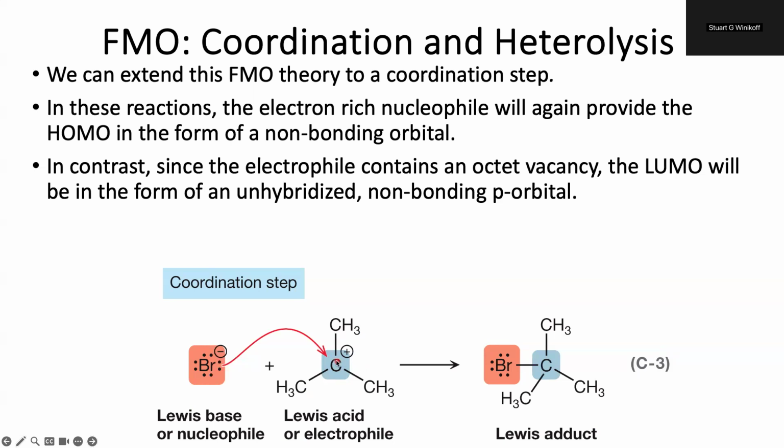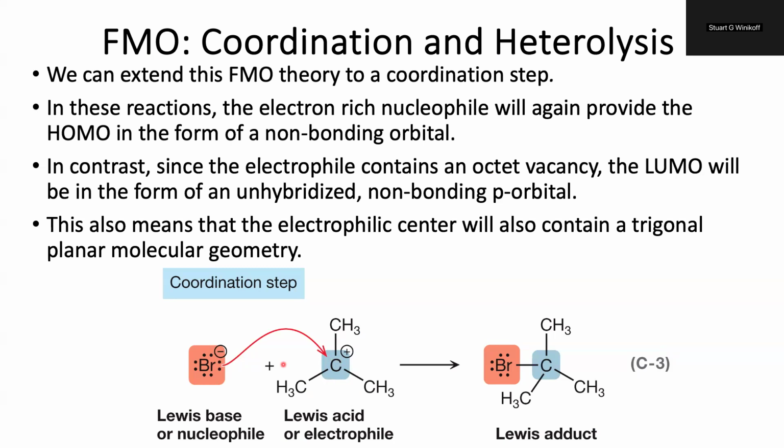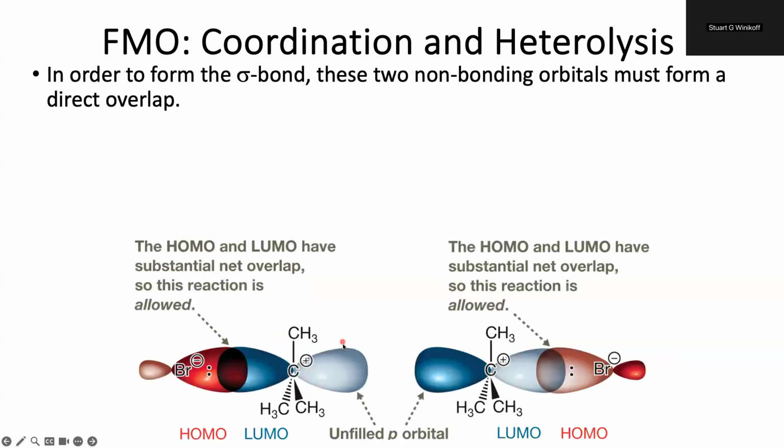Now, it's this unhybridized p orbital that's going to make that LUMO that I can bring that bromine in to go ahead and interact with. So again, in this case, our electrophilic center is always going to be trigonal planar in a coordination view, which means that it's possible for my nucleophile to approach from one of two directions. I can actually get very good overlap with that p orbital if I either come from the top or from the bottom.